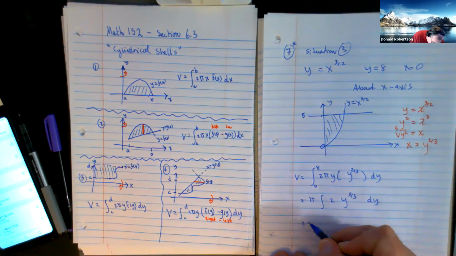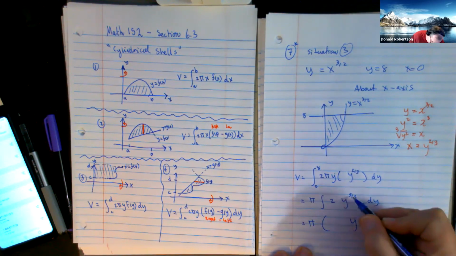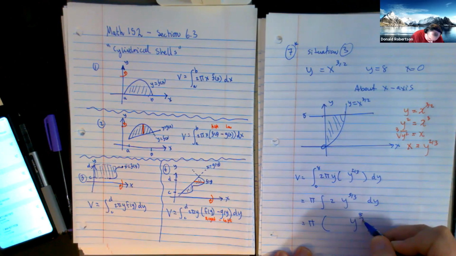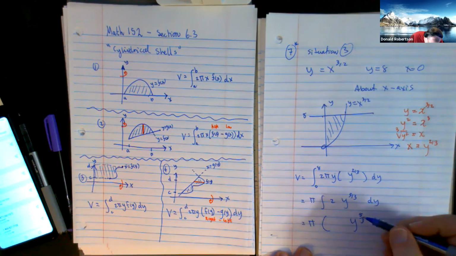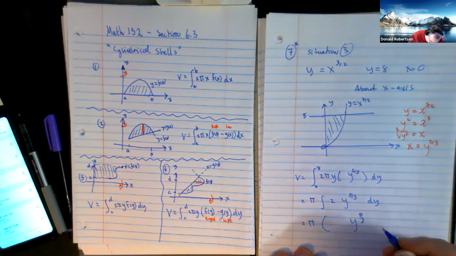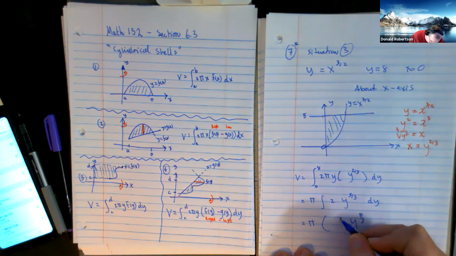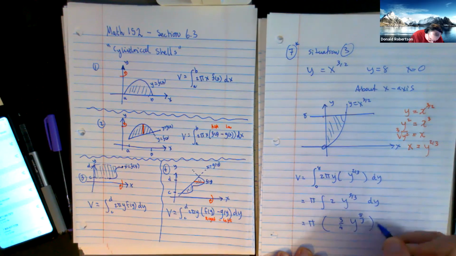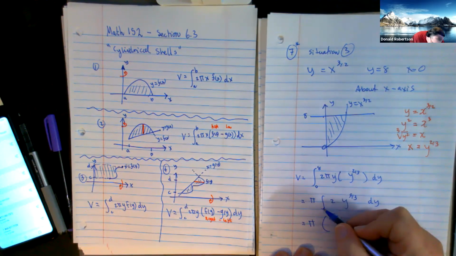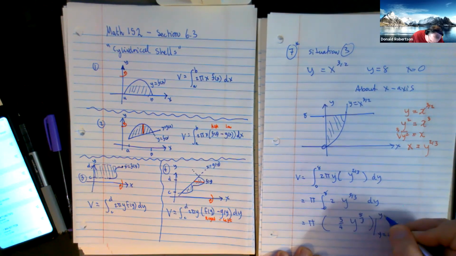Now, power rule. Add 1 to the power, yikes, 8/3. Dividing by 8/3 is the same as multiplying by 3/8. 3/8 times 2, you get 3/4. And it's going to go from y equals 0 to y equals 8.